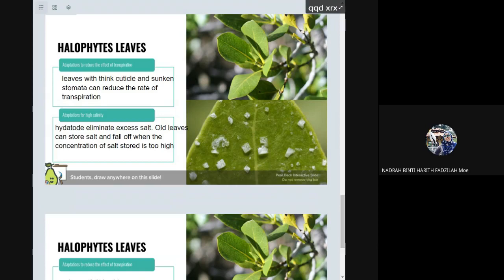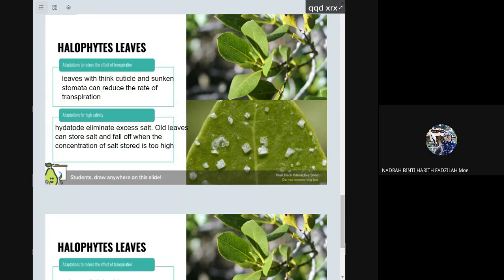Jadi salt yang disedut tadi tu tidak bolehlah dikeluarkan balik pada surrounding environment dekat root, sebab nanti hilanglah difference in concentration. So what the mangrove plant do is to transport all the salt to the leaf, and the hydathode will let water with dissolved salt to move out of the leaf.